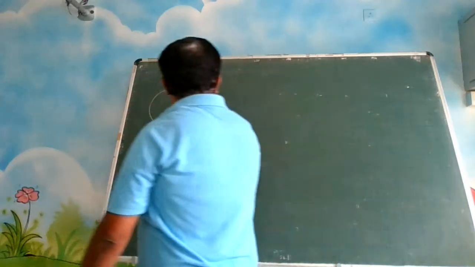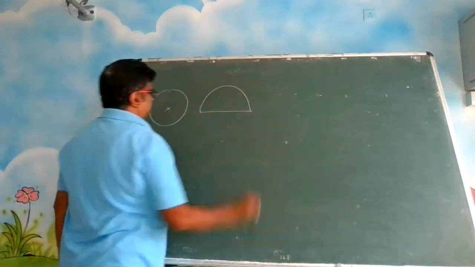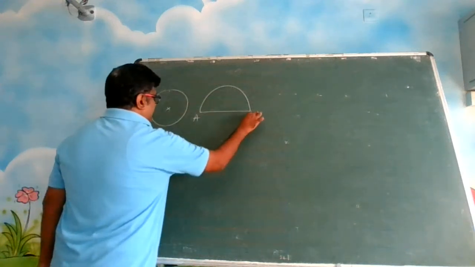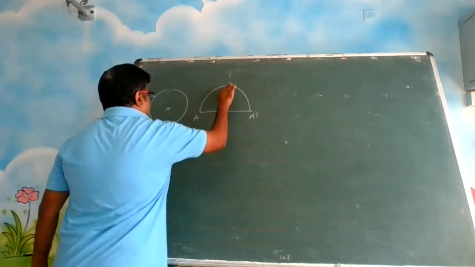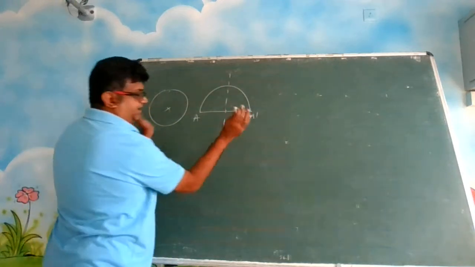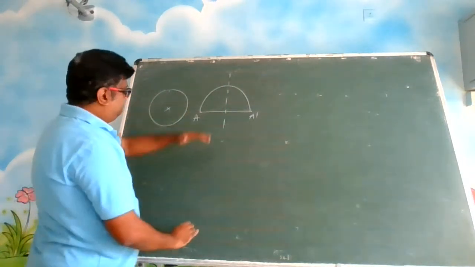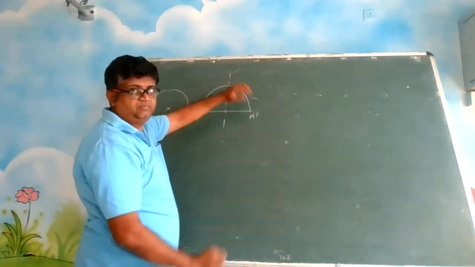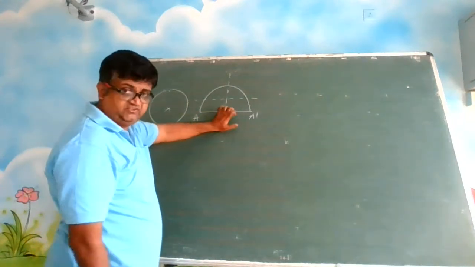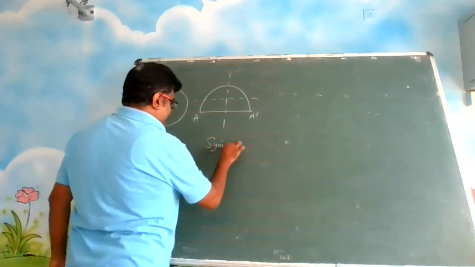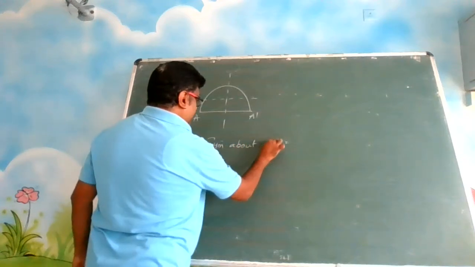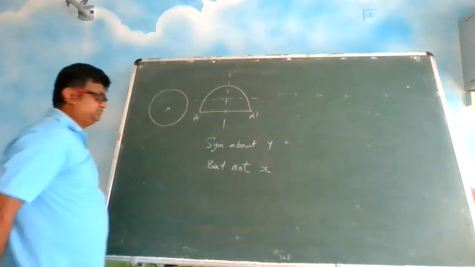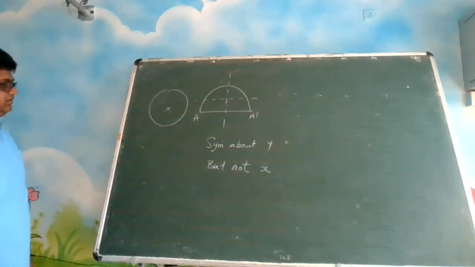Now let us say I take a semicircle. This is the second diagram. It is a semicircle. ये देखो, ये point A and A dash. If I take an axis like this, A and A dash are symmetrical. But if I take some axis here, these two are not symmetrical. So the semicircle, in this case, is symmetrical about y, but not x. तो इसका कैसे आएगा?